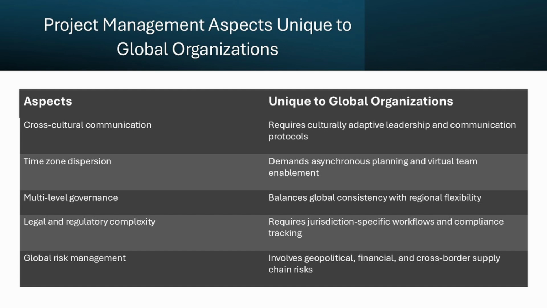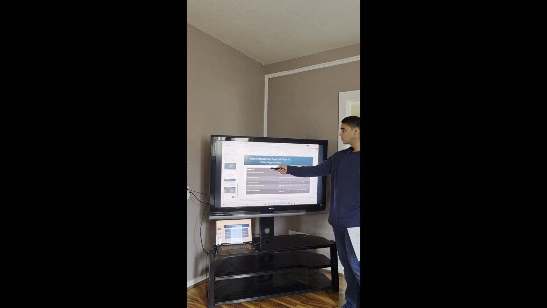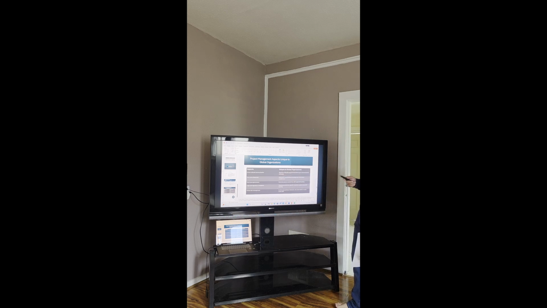Project management aspects unique to global organizations. The aspects are cross-cultural communication. Unique to global organizations, it requires culturally adaptive leadership and communication protocols with regard to time zone dispersion demands, asynchronous planning, and virtual teams.